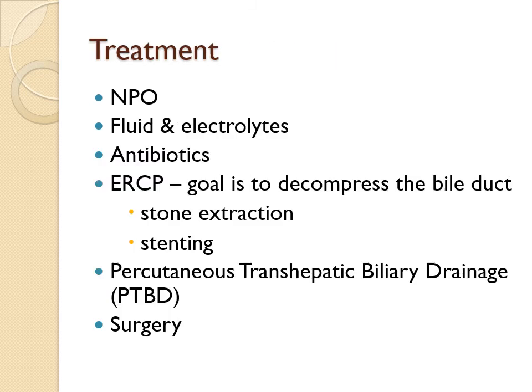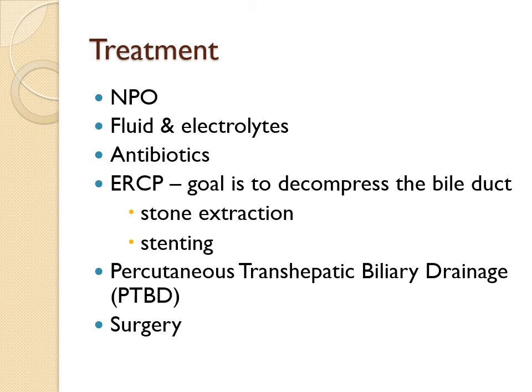So how do we treat patients with cholangitis? We place the patient on nothing per os. We correct the electrolytes and start the patient on IV fluids. We start the patient on IV broad spectrum antibiotics to cover for the organisms. But the goal is to decompress the bile duct, and the modality of choice is ERCP.